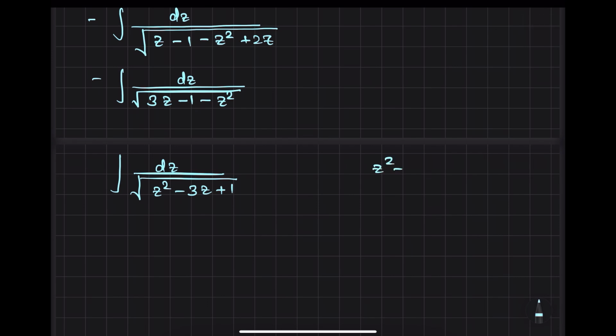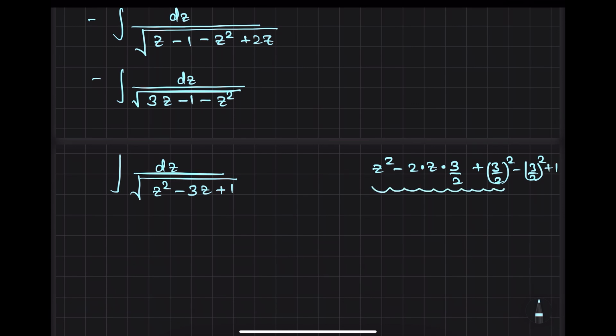So a square minus 2ab, the b should be 3 by 2, because if we take b as 3 by 2, then this component and this component will become the same. Now you have introduced 3 by 2 as b, so you have to add 3 by 2 whole square and subtract 3 by 2 whole square and then plus 1.